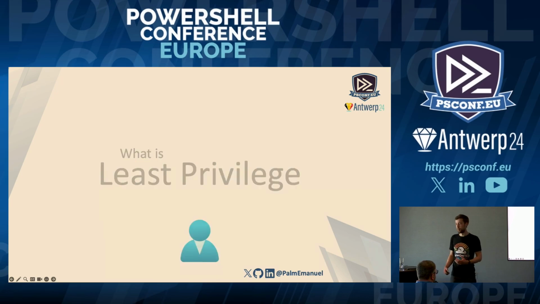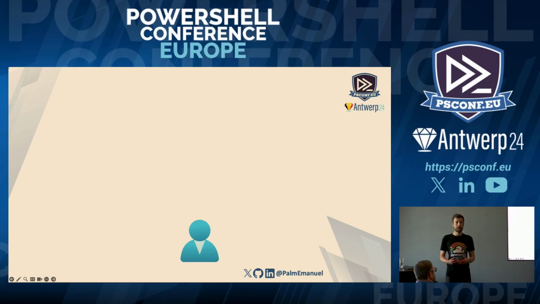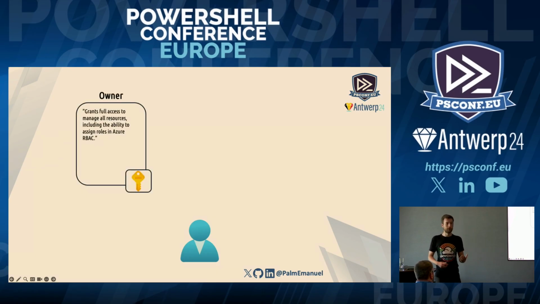If we take an example in Azure, sometimes we have to take a step back and look at the neighboring platforms. If we look at Azure and a subscription, for example, we can add owner there. It says grant full access to manage all resources, including the ability to assign roles in Azure RBAC. This is extremely privileged. There is no higher role in Azure on the RBAC side.